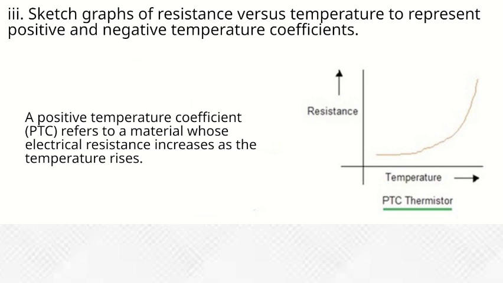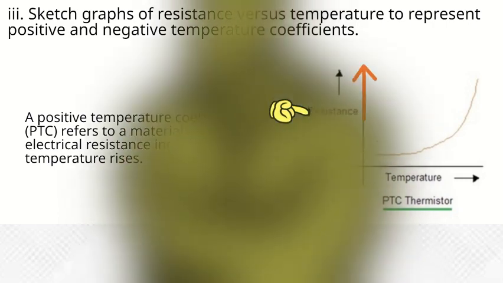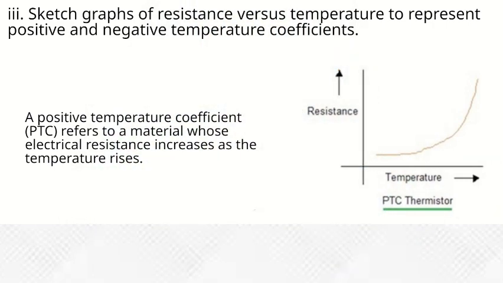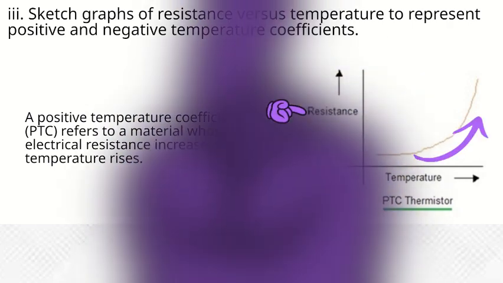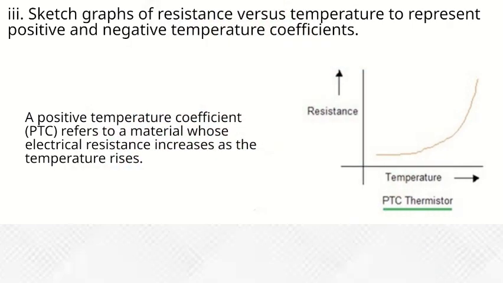So here we have the resistance increasing on the Y scale and the temperature on the X scale. Now we see here that as the temperature increases, the resistance increases. Right? So as the temperature rises, resistance increases.